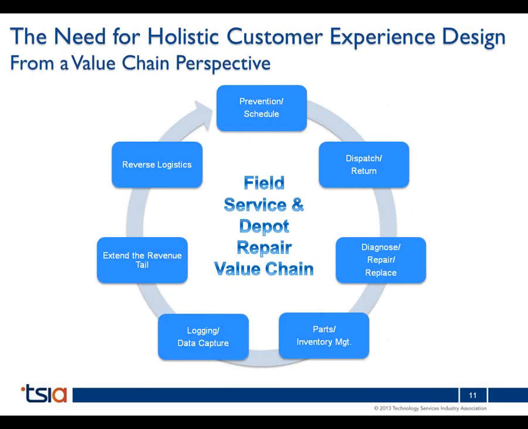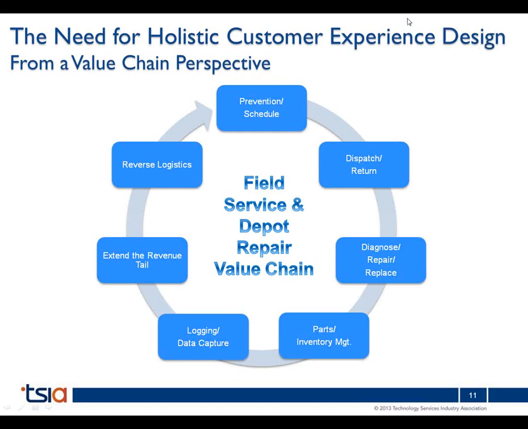Sure. Thanks, Randy. In addition to the design considerations that you just talked about, one of the things we all have to understand is that at the end of the day, field service is a delivery organization. So I also like to look at it from a slightly different view, the whole value chain.